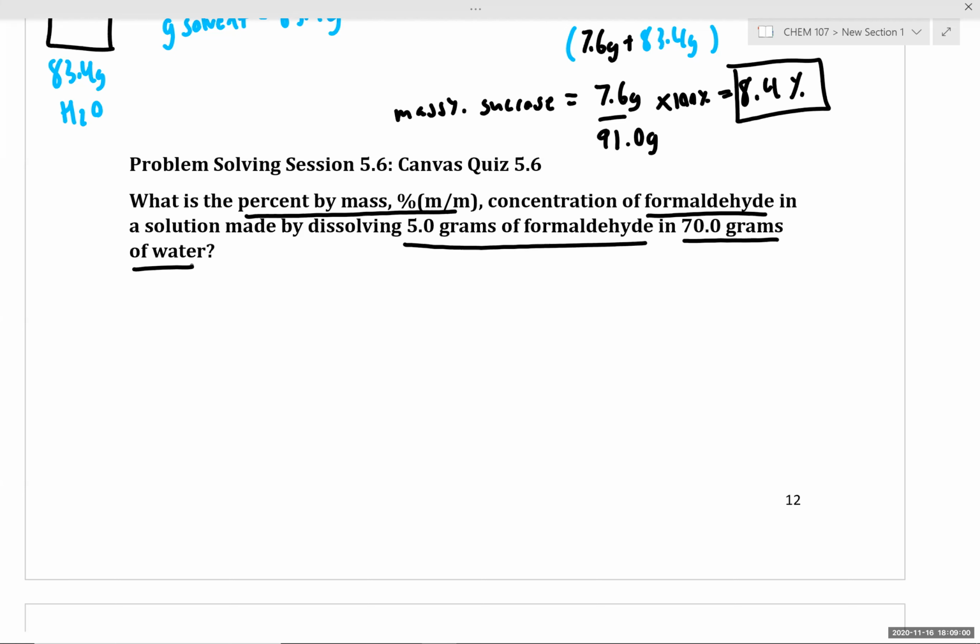Don't be shy to share your proposed solutions or problem setups in the chat or verbally, and we'll discuss this example in 2 to 3 minutes. And of course, if you have any questions, don't be shy to ask them verbally or in the chat. So let's try to solve the following example where we're calculating the mass percentage of formaldehyde in this solution.